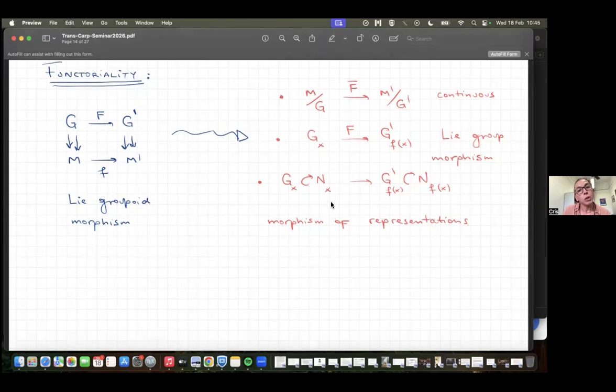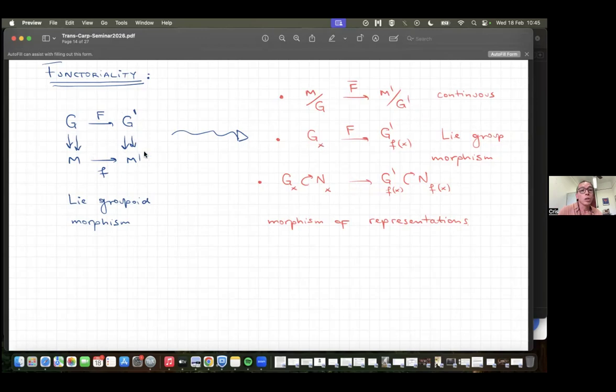What I want to do is to find a condition on a Lie groupoid morphism which tells you that all these maps on the right-hand side, F bar, F, and this representation morphism, are isomorphisms.